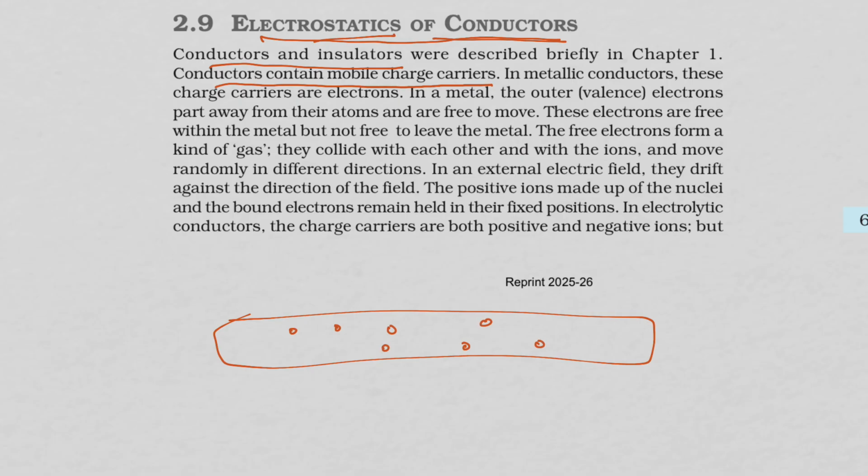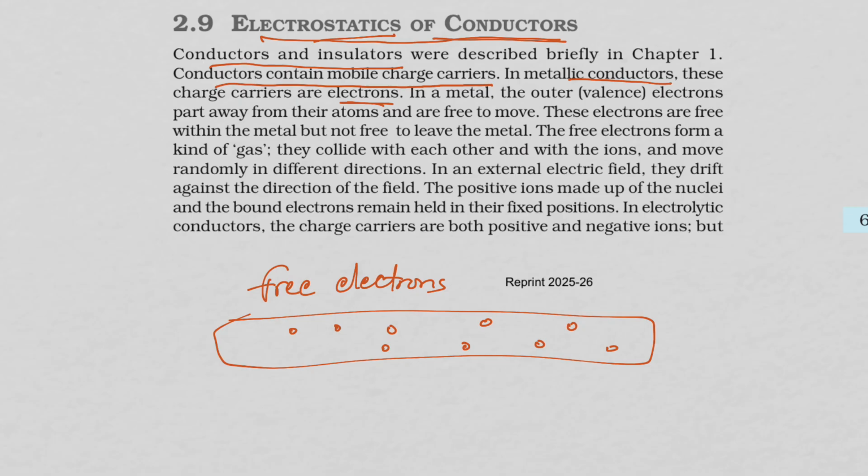It can be different entities, but for example in a metal, these charge carriers are electrons. So in a metal there are extra electrons, or we call them free electrons, which help charges to propagate inside a conductor. So what are these free electrons?